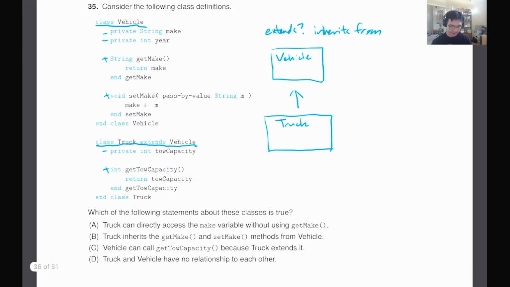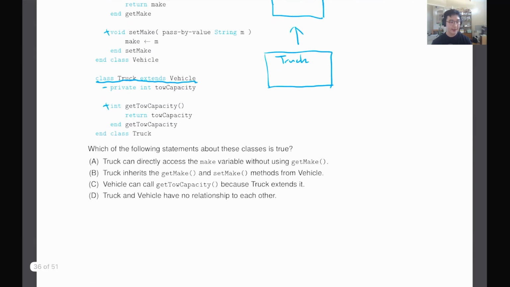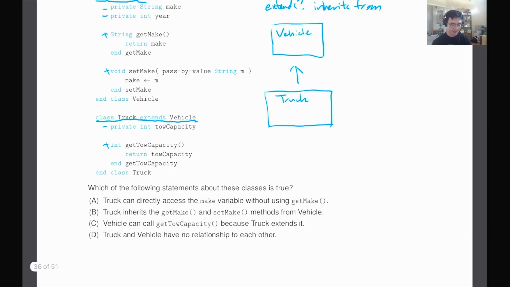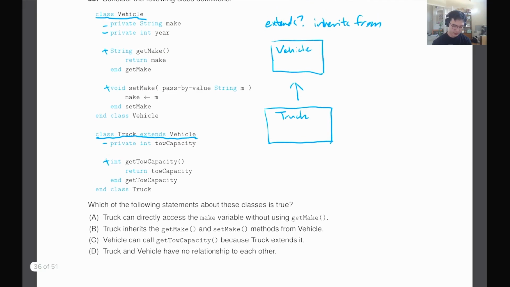And we're looking at the following question. Which of the following statements about these classes is true? Let's look at them. A, can the Truck class directly access the make variable without using getMake? So here we see the Truck class. And does the Truck class have a make variable? No, it doesn't, right? The make variable, if we look up here, belongs to the Vehicle class. It's inside the Vehicle class.